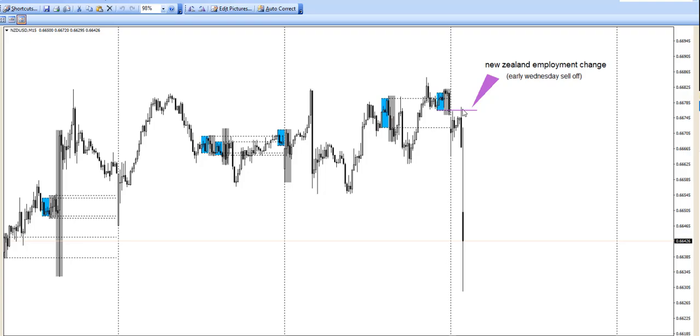From that data read, you saw the sell-off happening from these levels. So time and price were in play on this particular sell. And also the common move of the early Wednesday sell-off.